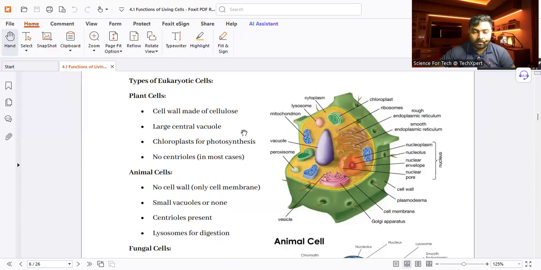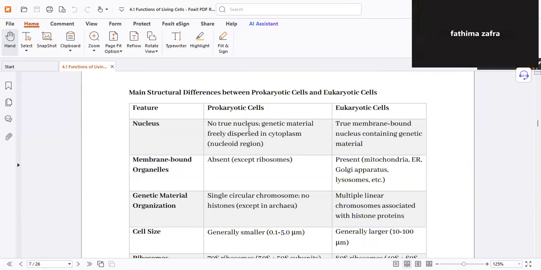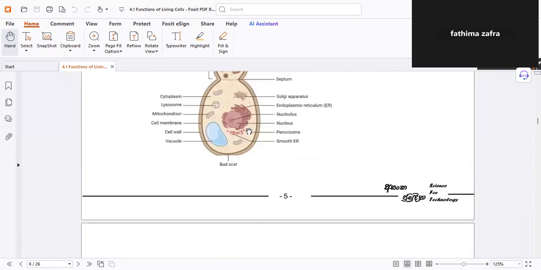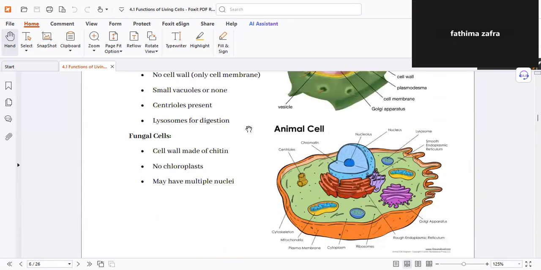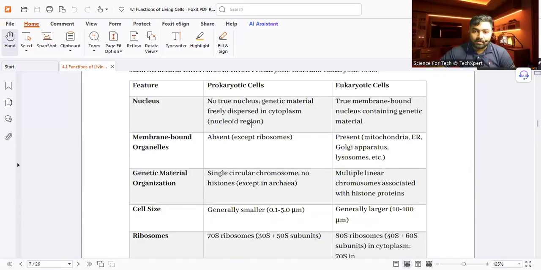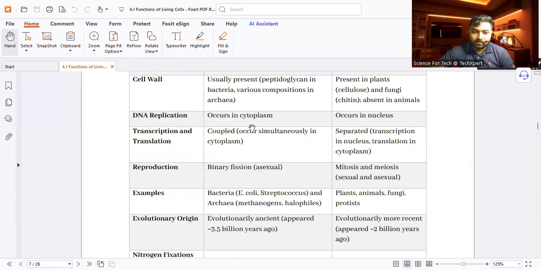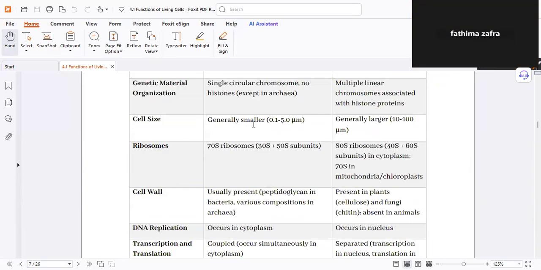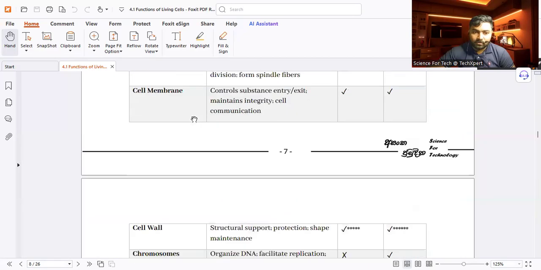So we have to talk about these organelles in the next lesson. Sir, is it important to note down the function of each organelle? Yes, sir, it is in here, no? Oh, okay, sir. It is in here.